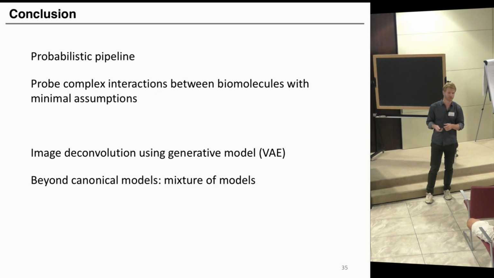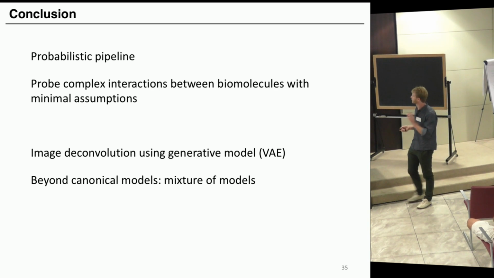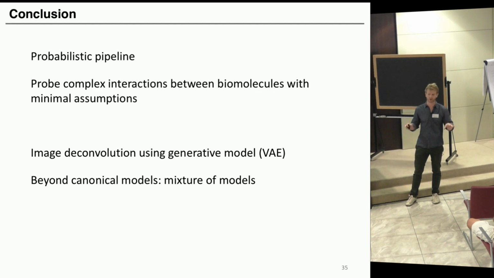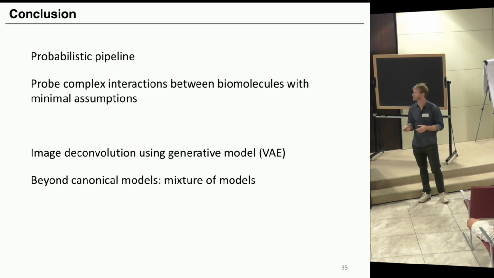And another fun problem is trying to use different models. So not only the overdamped Langevin equation, but going beyond the canonical models of motion, which are fractional Brownian motion, the Langevin equation, continuous time random walks, etc., and trying to go away from distinguishing between all of these and actually see if we can use a mixture of these models, because in biology probably our simplified physical models are not going to describe what goes on.